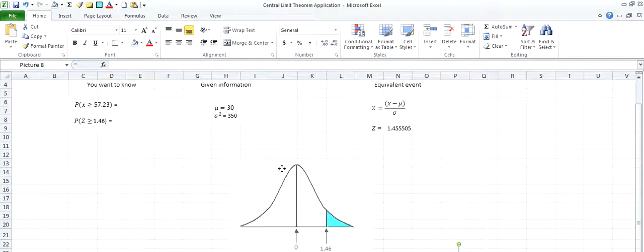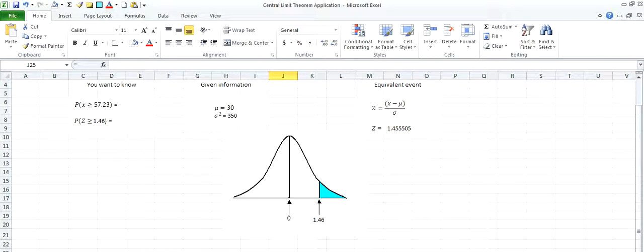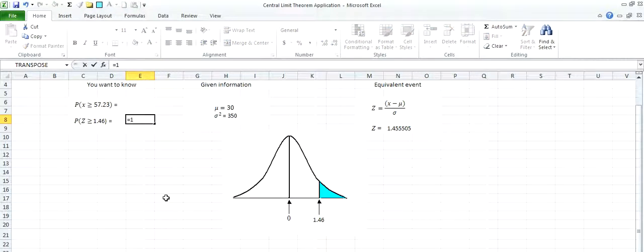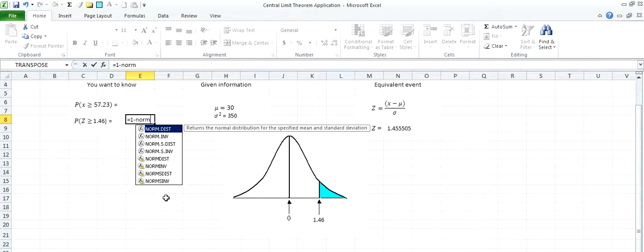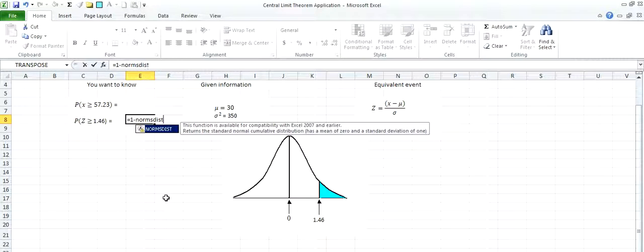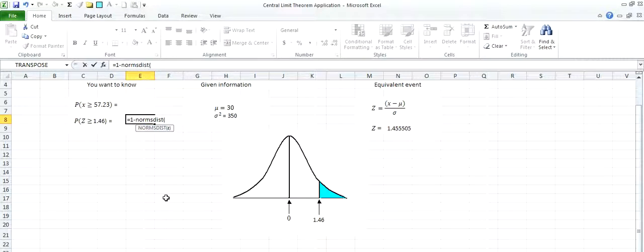Your graph is going to look like this. You want to find out what's the probability that z is going to exceed 1.46. That's why I call it a right-sided probability, because you are interested in the right side of the graph. So you can use Excel formula directly, equal to 1 minus NORMSDIST, and then you put the value 1.46.